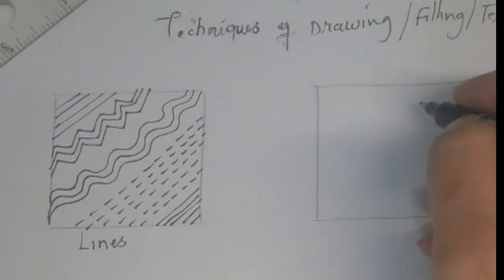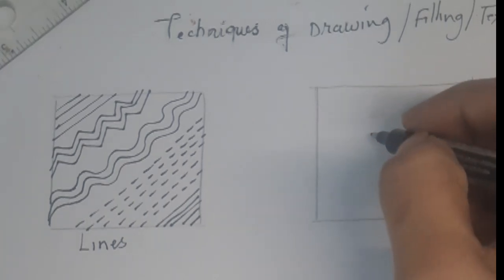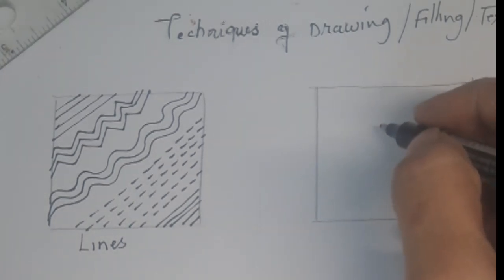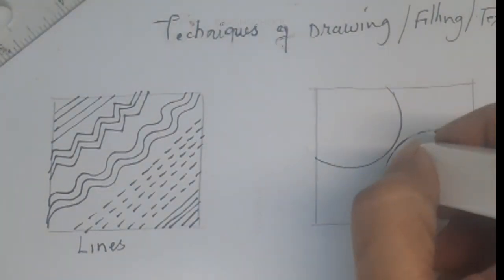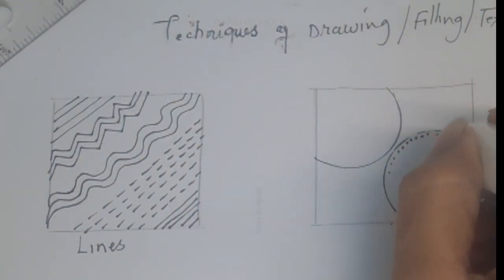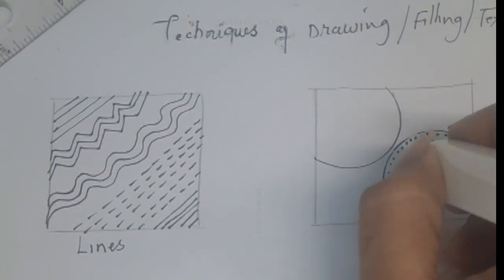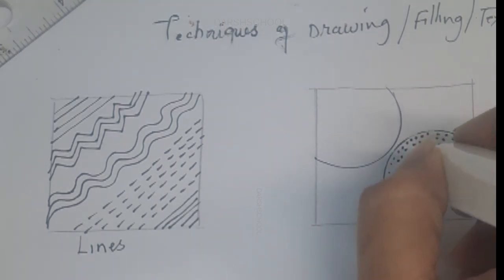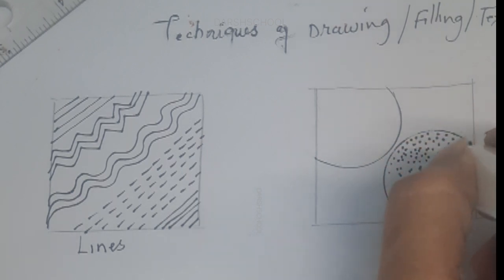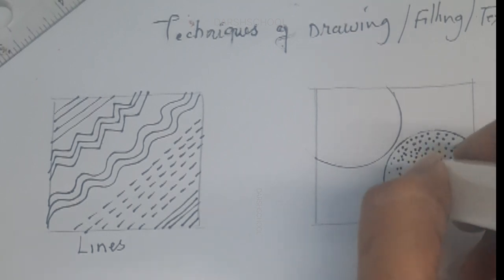The second thing can be as simple as anything that you want to do with dots, that is called stippling. For example, if you want to fill any shapes with this kind of dots, it is mostly called stippling, and it looks like a very good texture once the distance and the size of the dot, which can also vary in stippling depending upon your preference.